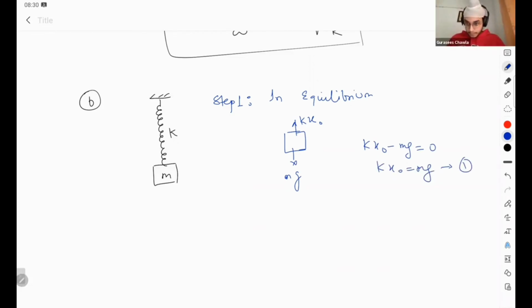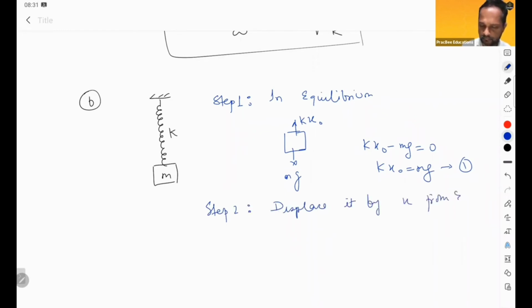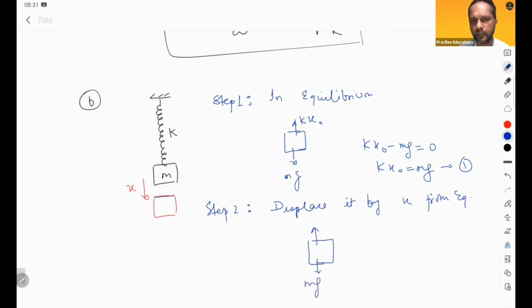Step 2, displace it by x from equilibrium. Suppose we assume that it is being displaced in the downward direction. Now if I draw the free body diagram, the force mg will still be downward, but the force in the upward direction will become what?